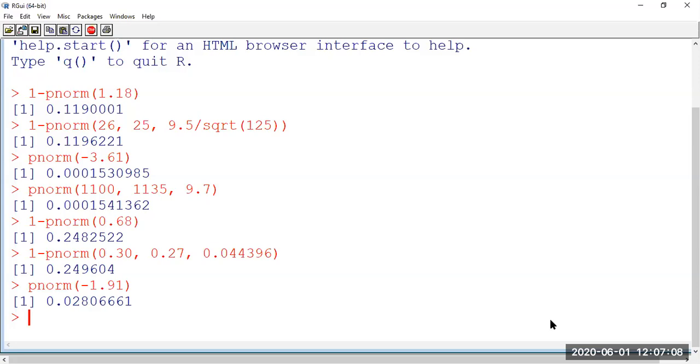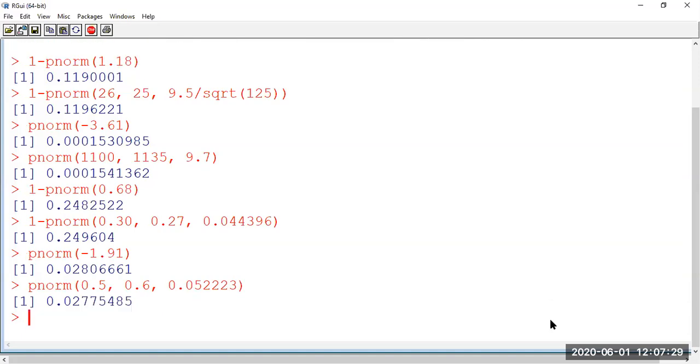Now, if you don't want to compute the z-score and go directly with the information that is given, then you enter the proportion of interest, then the mean of the proportions, and the standard deviation of the distribution of proportion, the sampling distribution.